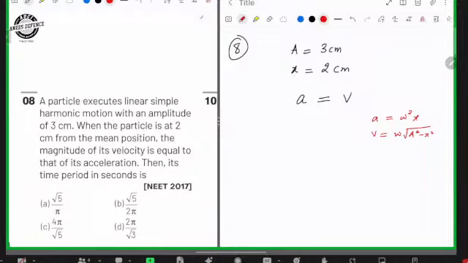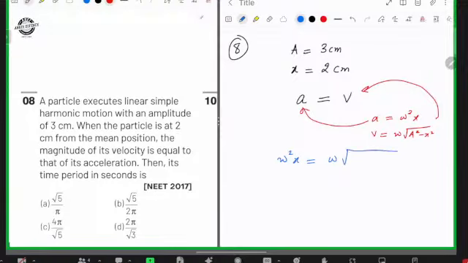So let us substitute. Omega square x is equal to omega under root a square minus x square. This omega and omega get cancelled. Omega x will be equal to under root a square minus x square.